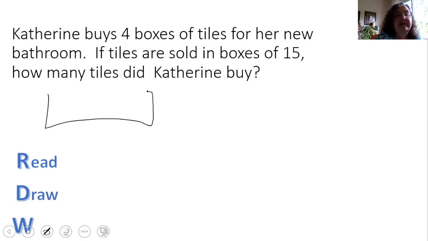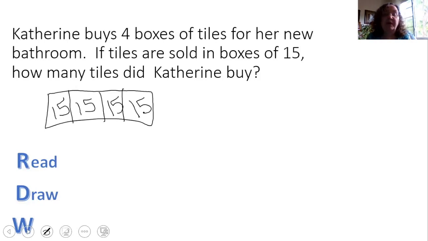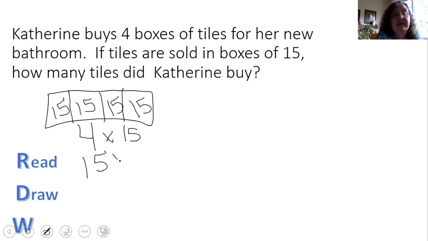So here's my 4 boxes. And I know in this box there's 15. In this box there's 15. In this box there's 15. And in this box there's 15. What multiplication sentence does that make you think about? Did you say 4 groups of 15? Or you could have said 15 times 4. Same thing.